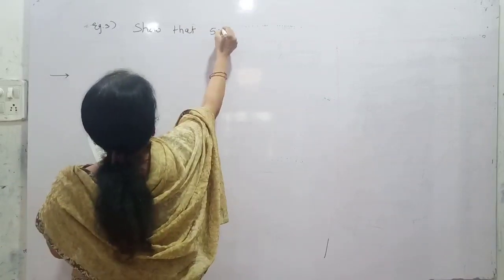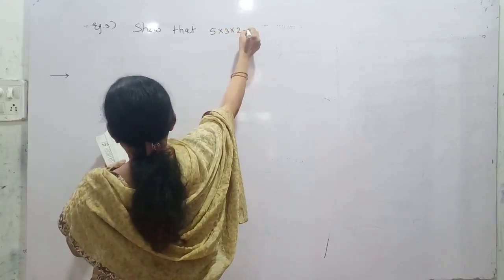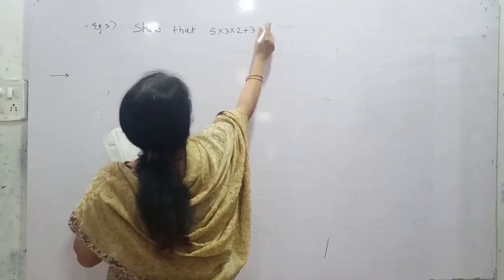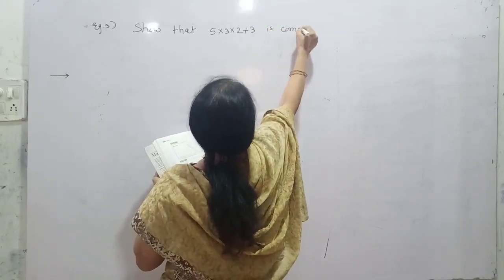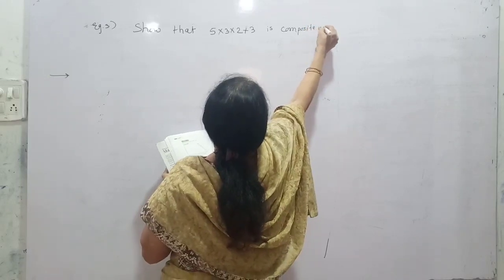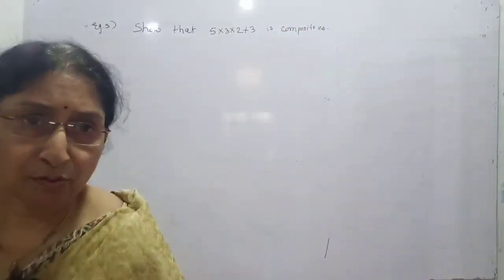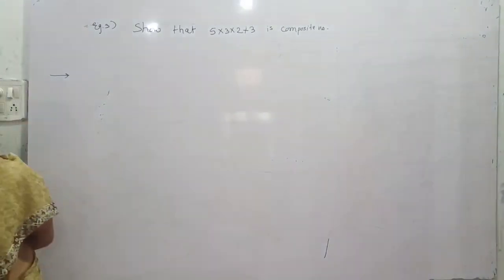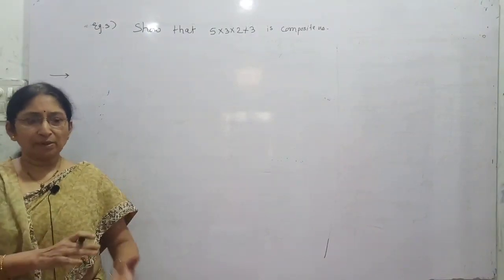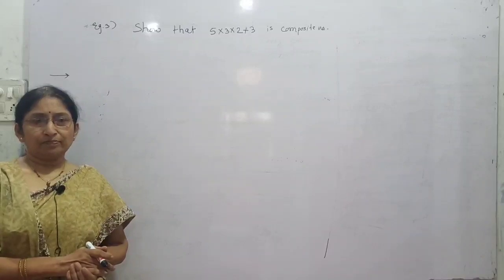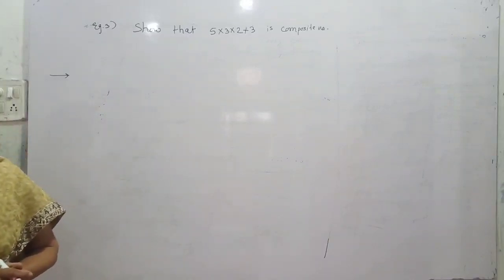Show that 5 into 3 into 2 plus 3 is a composite number. You know composite number? Prime number means the number which is divisible by only one and itself.